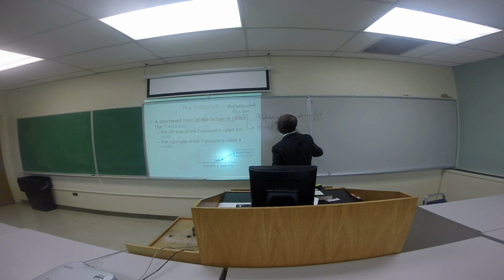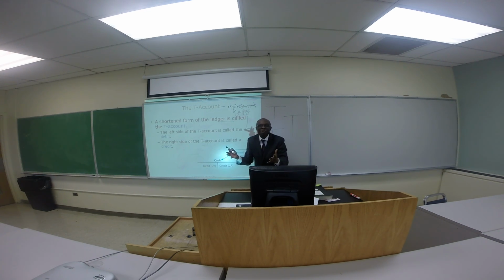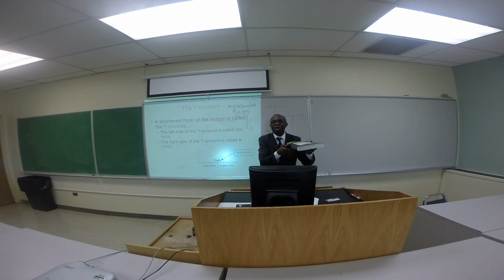Because of that, we came up with a very convenient way of representing a page. We call it a T account. It is very important for you to know this. A T account represents 1 page in the ledger. In real life, we really don't use T accounts because we have actual accounting records.